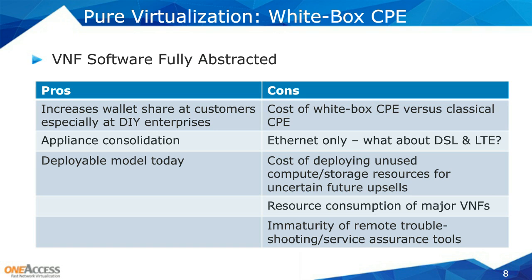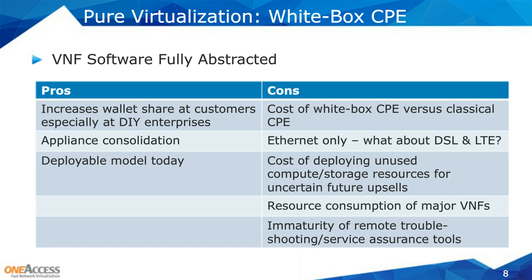A white box, almost by definition, has Ethernet connections, but not DSL, certainly not LTE. And LTE is becoming increasingly important as providing a major resiliency function for enterprise services that are based in the cloud. And then one of the premises of NFV is that you can choose to add functions when and as you need them.